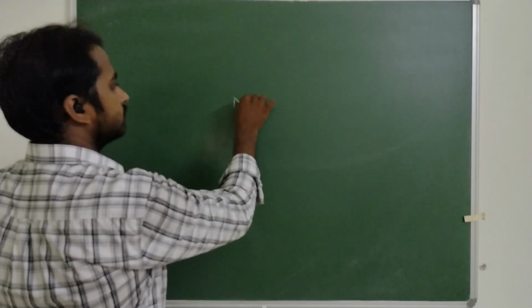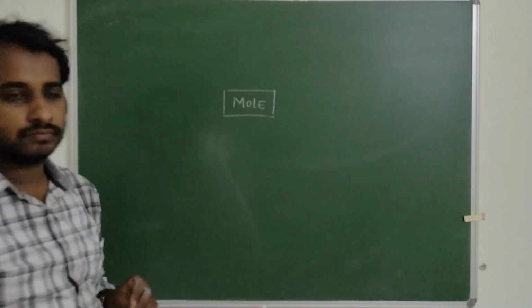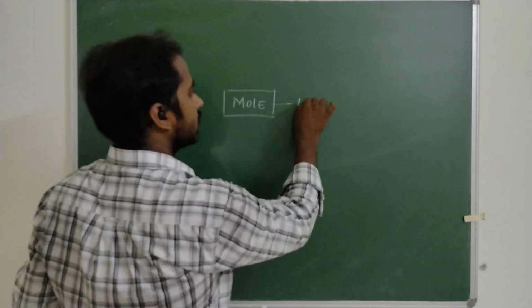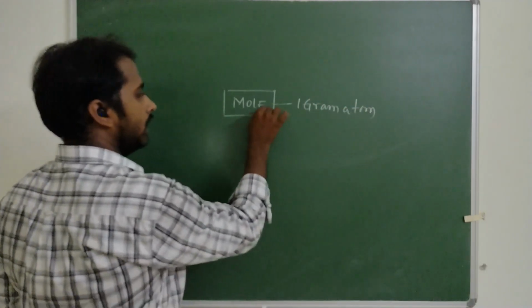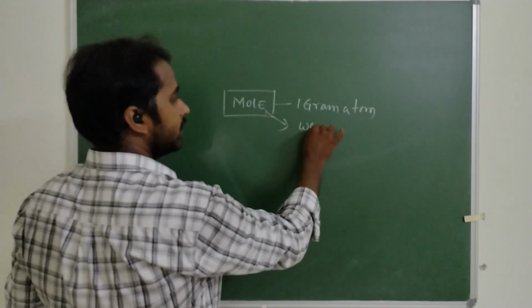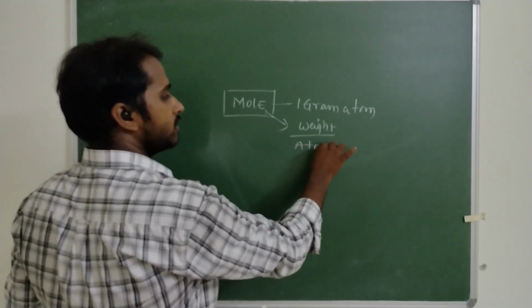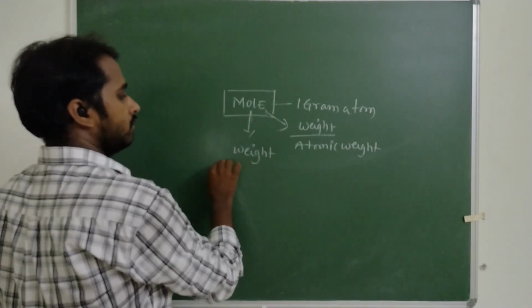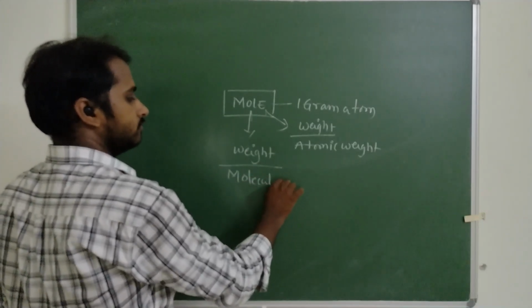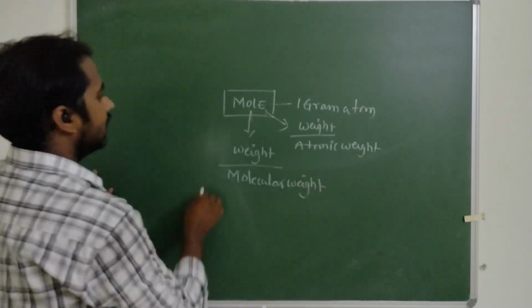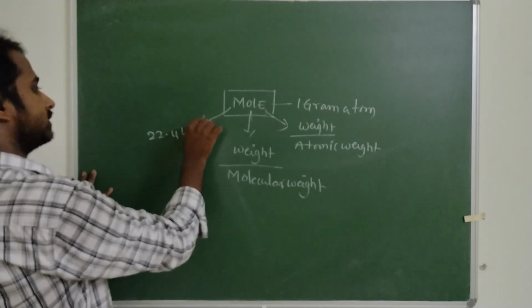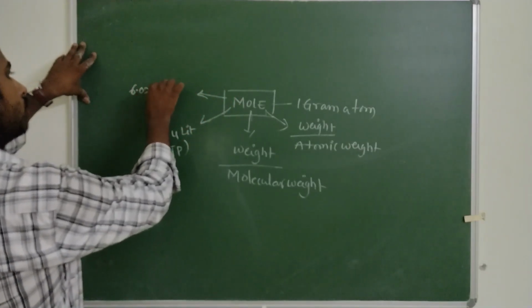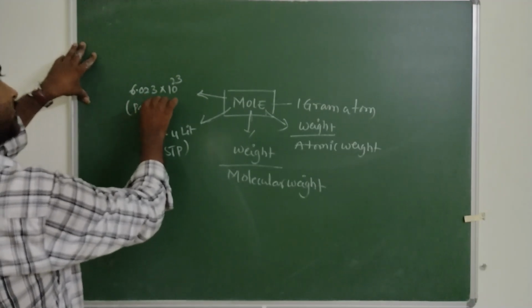A mole can be written as one gram atom, and it is equal to given weight by atomic weight, and it is equal to given weight by molecular weight, and it is equal to 22.4 liters of volume at STP, and it is equal to 6.023 into 10 power 23 particles.